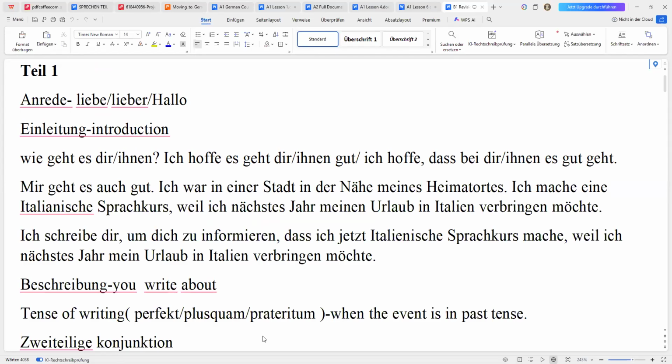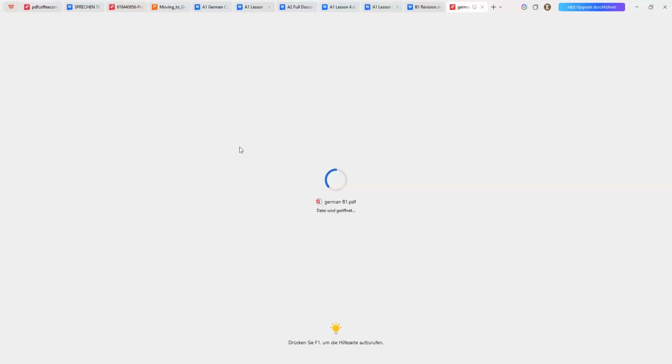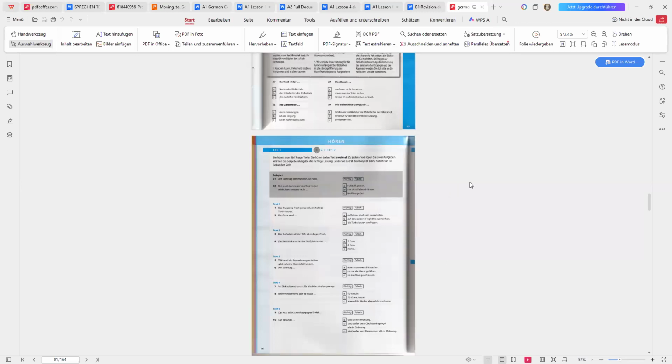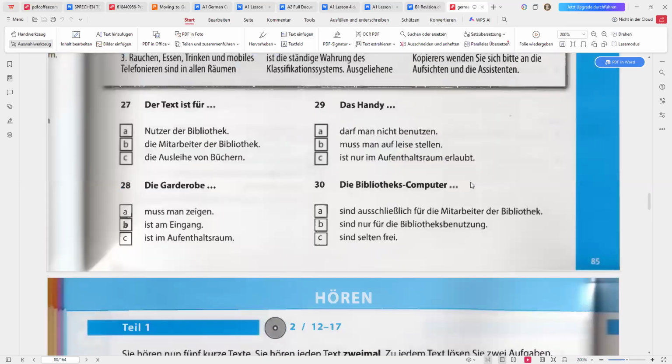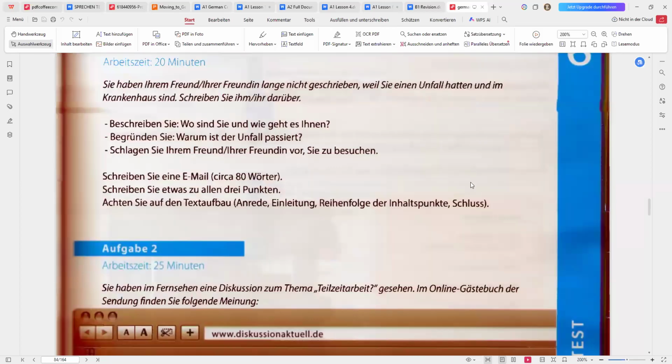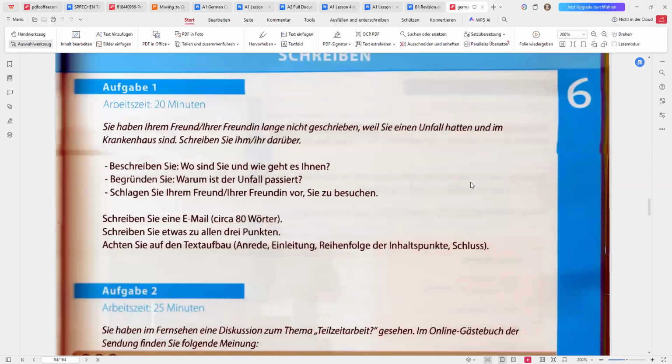I like using examples so that I see what I'm explaining. Okay, let me take this one. Aufgabe 1. Sie haben Ihren Freund oder Ihre Freundin lange nicht geschrieben, weil Sie einen Unfall hatten und im Krankenhaus sind. Schreiben Sie ihm oder ihr darüber.